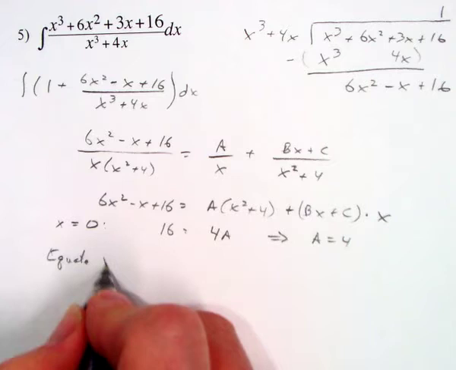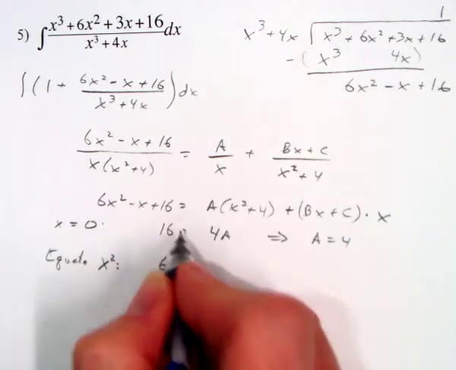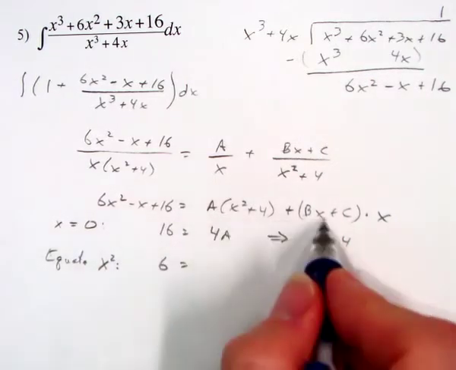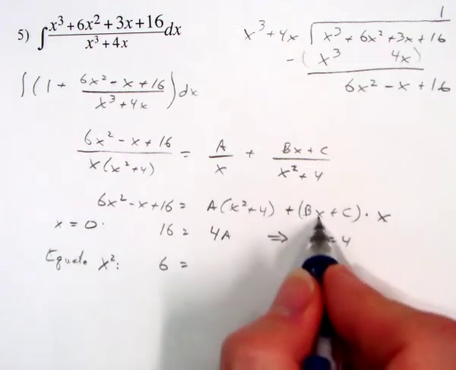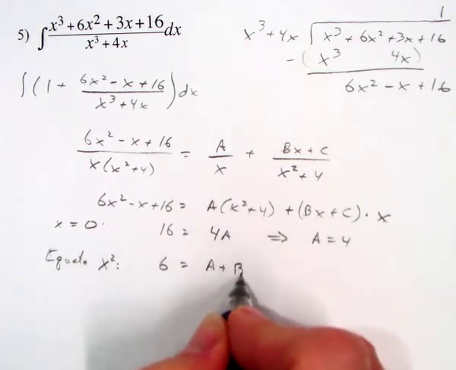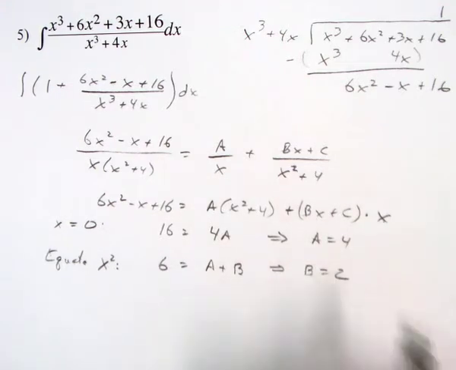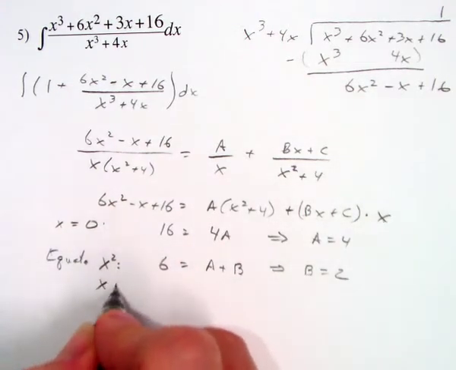So we'll say the coefficient of x squared, on the left side we have 6, and on the right side we have Ax squared, and here we're going to have, after we multiply it out, a Bx squared, so we have A plus B. Since we know A is 4, that tells us B is 2. So look at the coefficient of x.